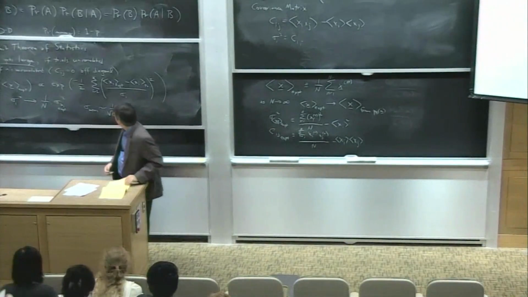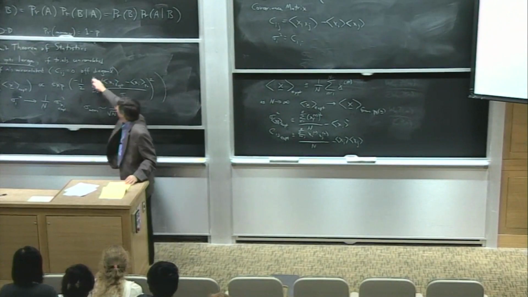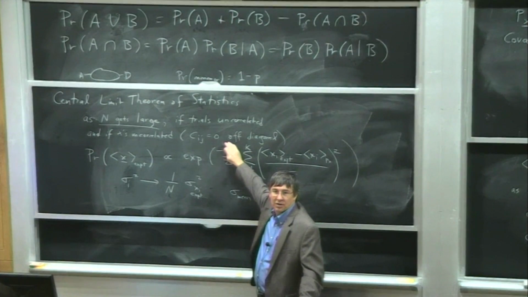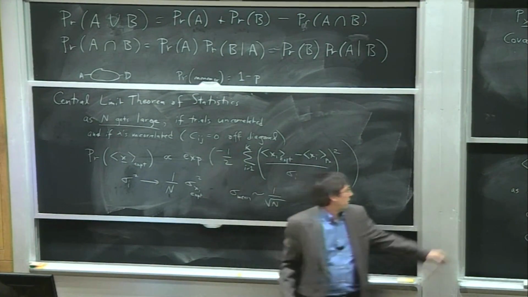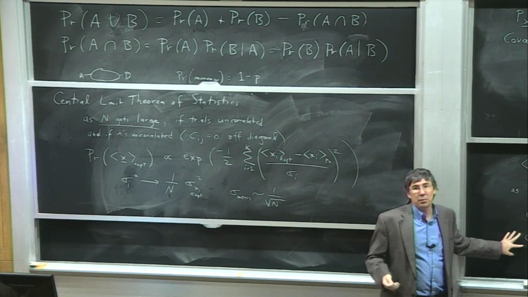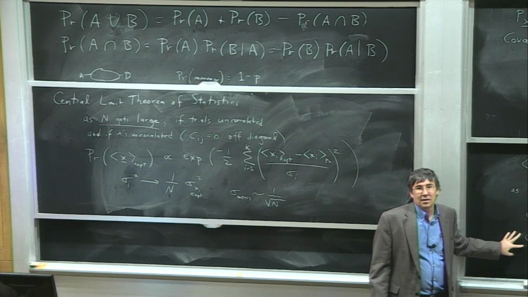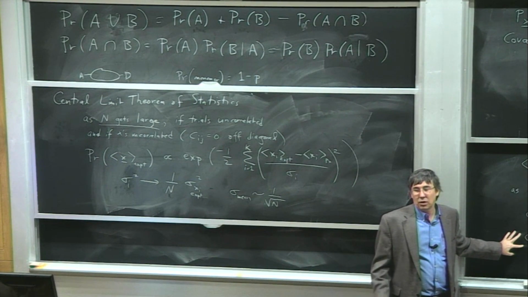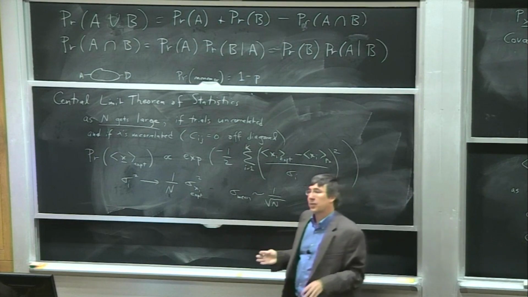We can write a similar formula. Here I assumed that the x's are uncorrelated. That's almost never true. If you actually numerically evaluate the c's, usually they have off-diagonal elements. For example, my weight and my blood pressure are probably correlated. And so you wouldn't expect them to be totally uncorrelated.